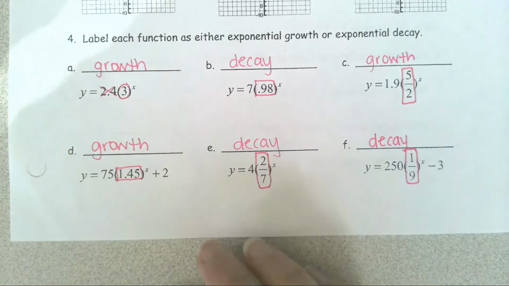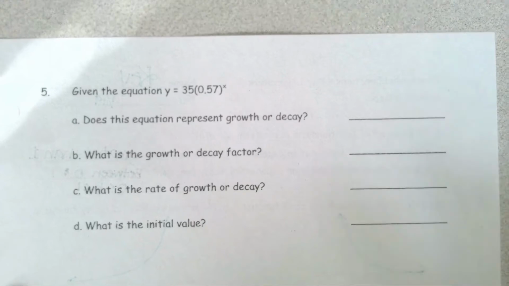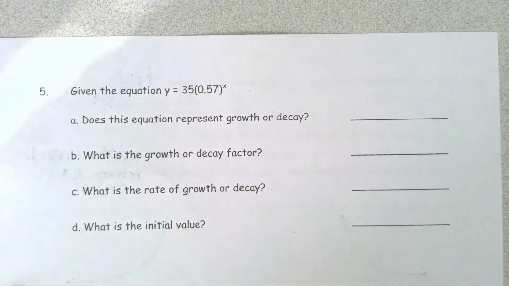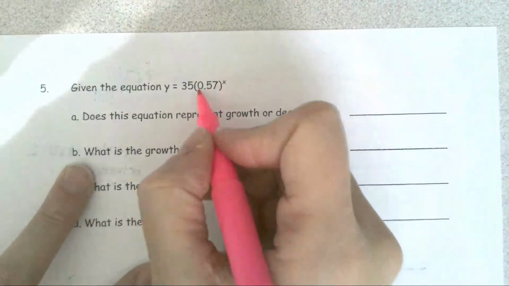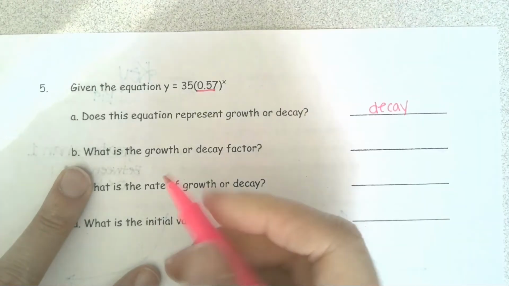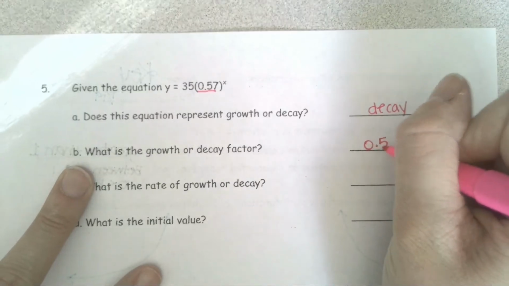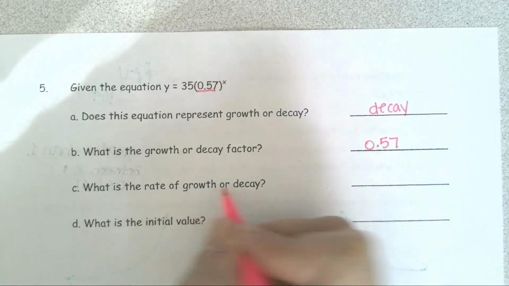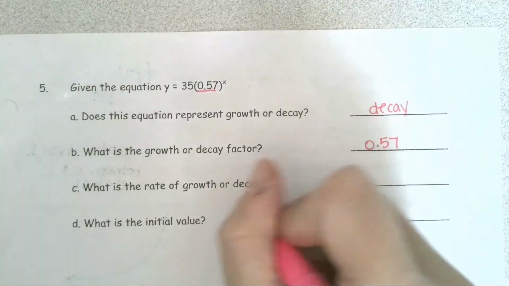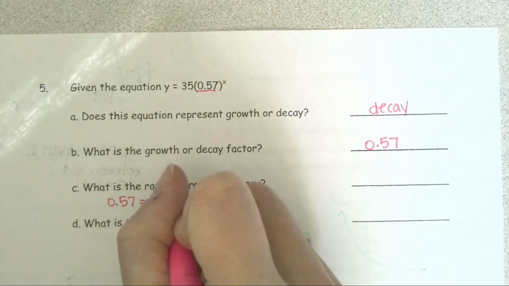All right, let's flip this over and look at the back. Number 5, given the equation y equals 35 times 0.57 to the x, does this represent growth or decay? 0.57 is between 0 and 1, so this is going to be decay. The decay factor is this decimal, so it is 0.57. But the rate of decay, that's where we are going to take 0.57, write it as a percent.